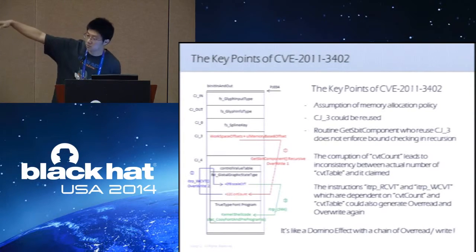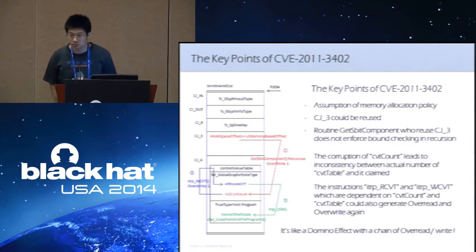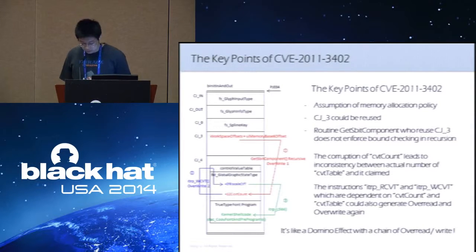And another interesting assumption about CG_3 is that it could be reused. CG_3 is a required input to step 4, but for step 8, it's of no use. So reusing the CG_3 memory could evade additional memory consumption.